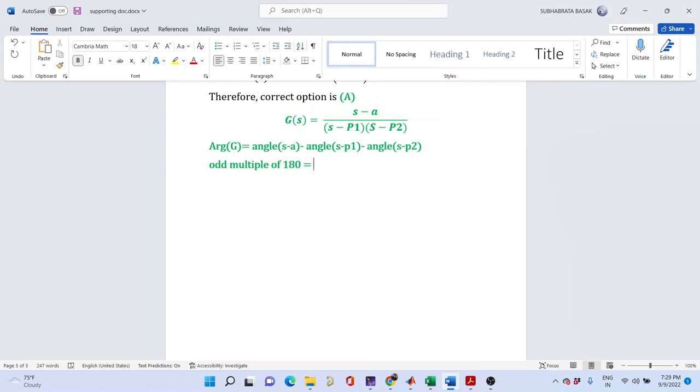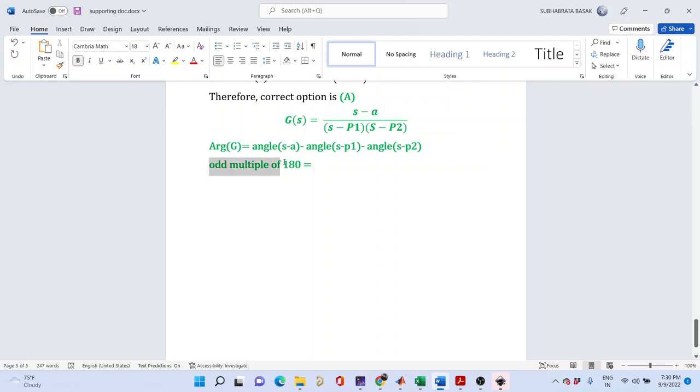If I ask you to prove whether a point is lying on the root locus of G(s), how do you prove it? We satisfy the angle and magnitude criteria. What is the angle criteria? (2n plus 1) times pi. That is an odd multiple of 180 degrees, right?